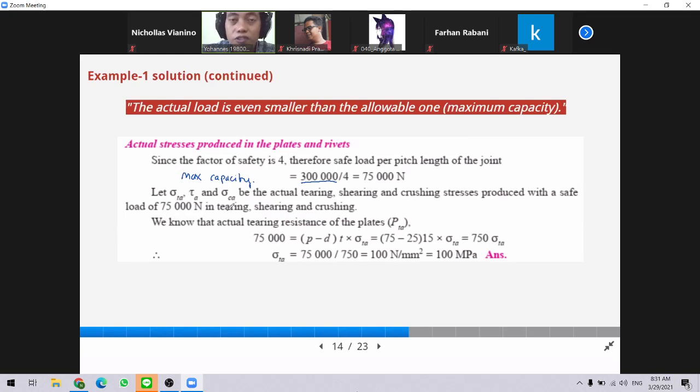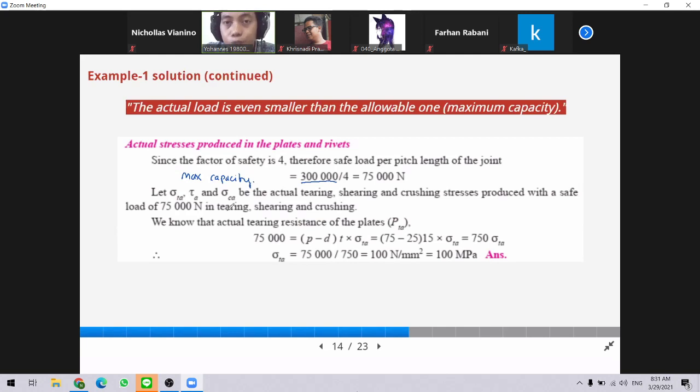But because there are uncertainties in the material, in the manufacturing process, in the design itself, we have to compensate with the safety factor.